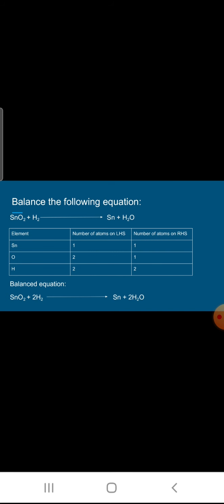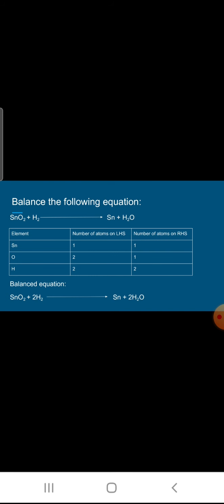Now next step, which is step 4, the H atoms are out of balance. Now there are 2 atoms of H on the LHS, but 4 atoms of H on the RHS.